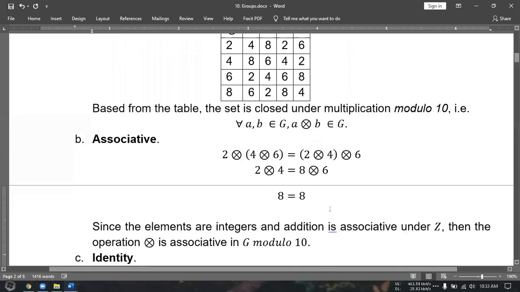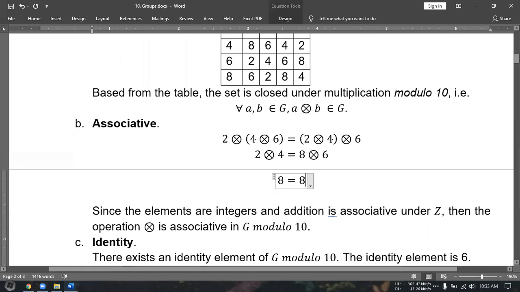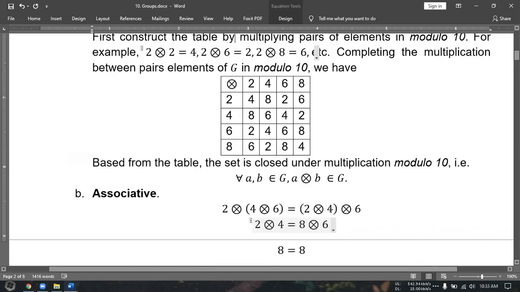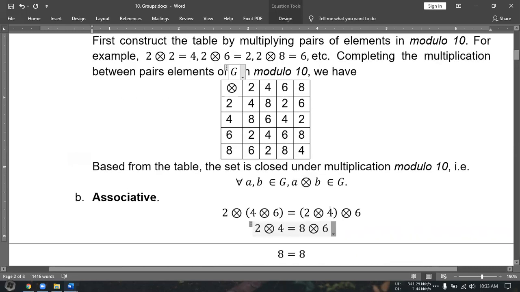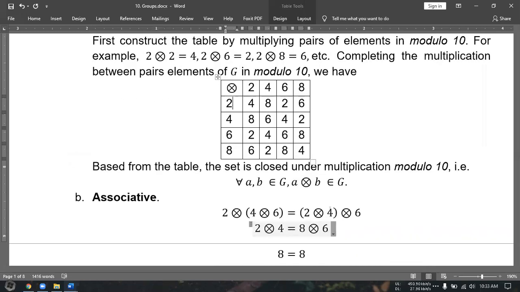Okay. Then we have identity. Observe muna natin. What element of the set G, when operated with the other elements of G, results in the same element?